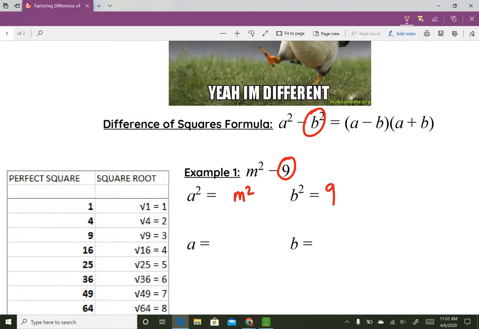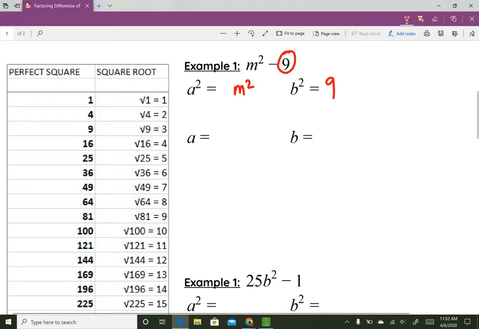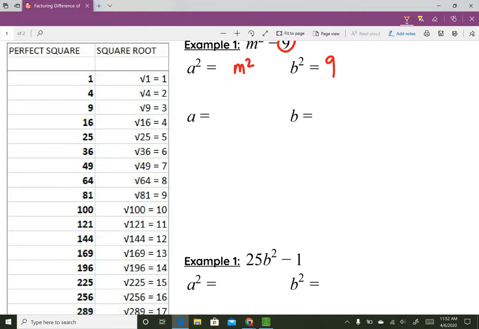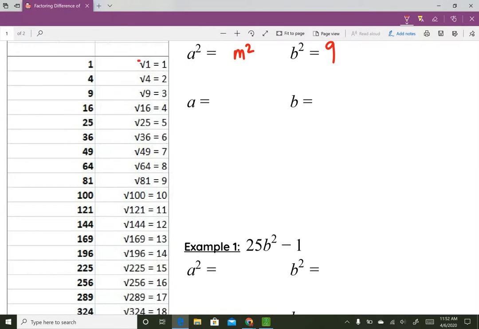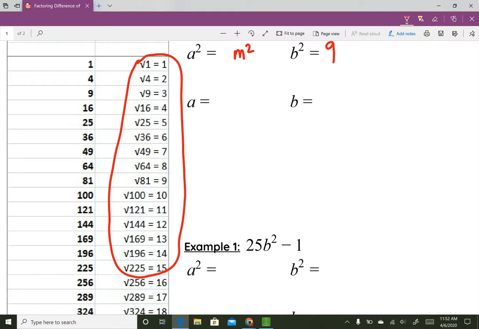Well, here's the deal. This is why it's called difference of squares. If we take a look at this list right here, these are perfect squares, right? So the square root of 1 is 1, the square root of 4 is 2, the square root of 9 is 3. How did we get 1? It's 1 times 1.